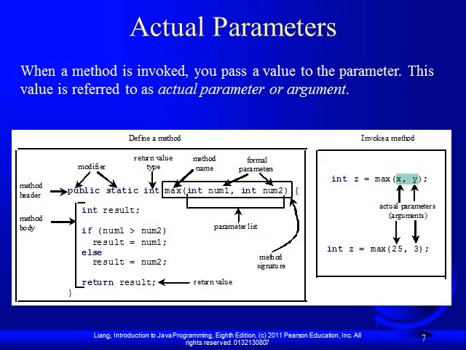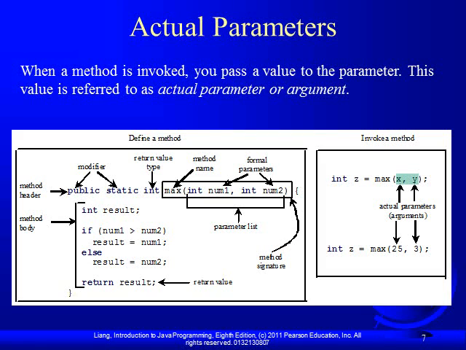When we invoke a method, we use its name followed by a set of parentheses. If the method has no formal parameters, the parentheses are empty, in the same way as when we invoked or called Math.random. Notice in this example of invoking or calling max, the actual parameters are x and y.